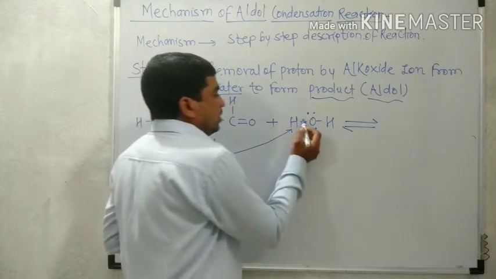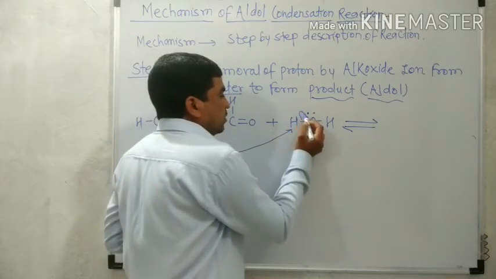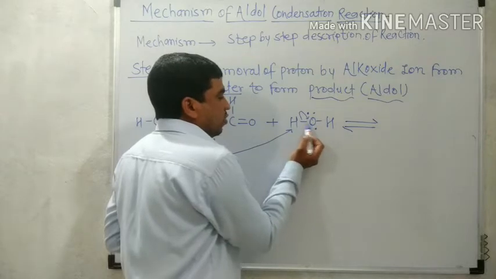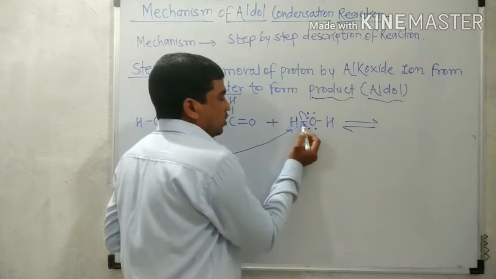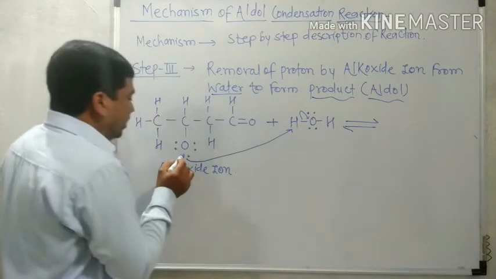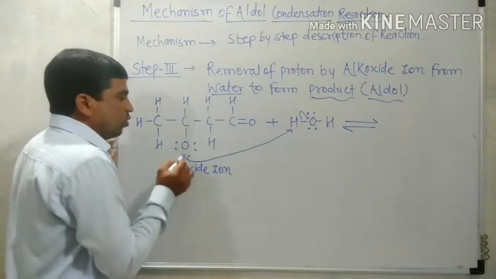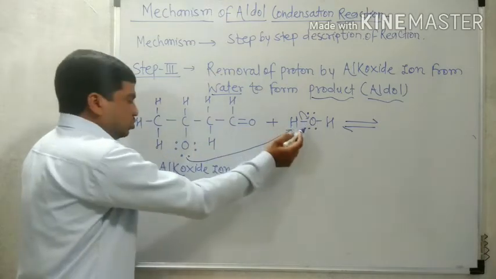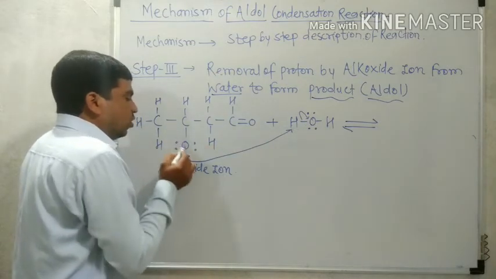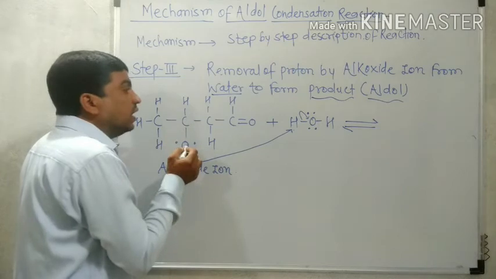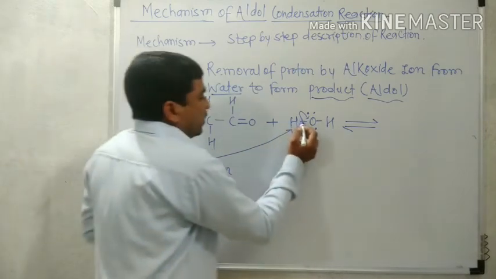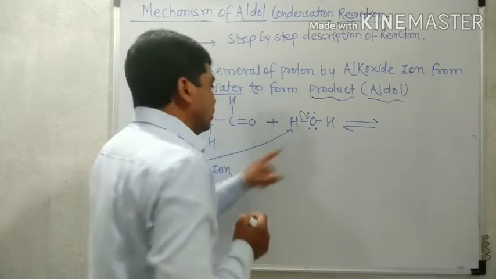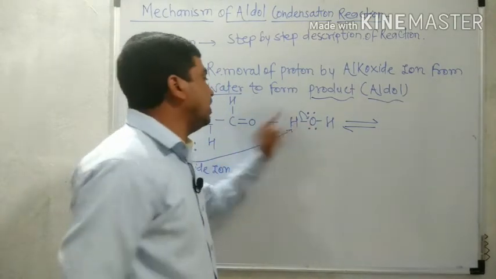The bond pair shifts towards oxygen, because oxygen is more electronegative than hydrogen. So hydrogen is removed from H2O and gets attached to oxygen to form OH. The bond pair shifts towards only oxygen, therefore oxygen has three electron pairs.